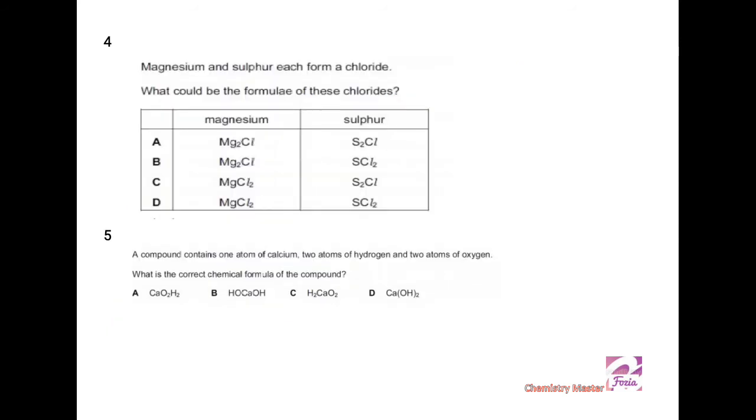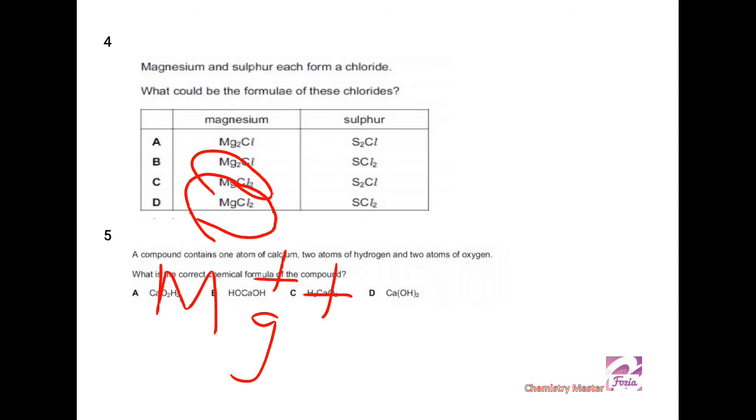The next MCQ is: magnesium and sulfur each form a chloride. What could be the formula of these chlorides? Magnesium is an element of group 2, so it is bivalent, making positive 2 ions. So it is okay.